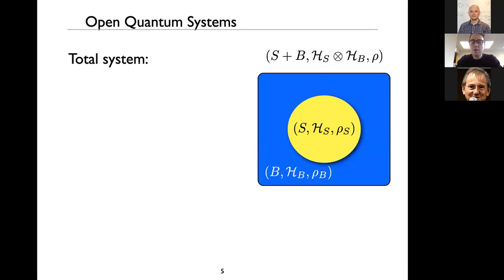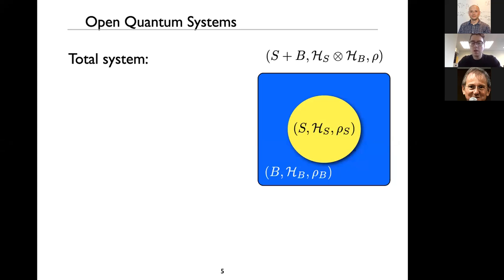If we have a quantum system interacting with its surrounding environment, then we can represent these subsystems in a composite system: our quantum system of interest, which we can label S, and the other subsystem, our environment, which we can label B. So in total, we have a composite system given by S plus B, which is schematically depicted on the right of this slide.